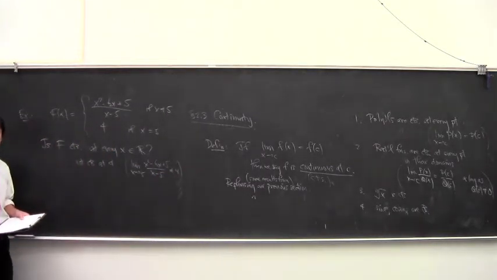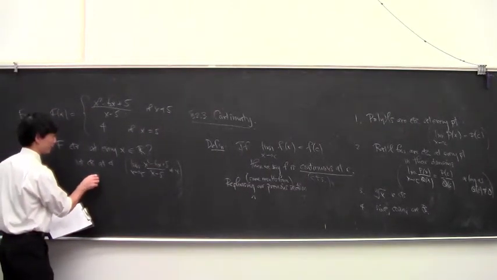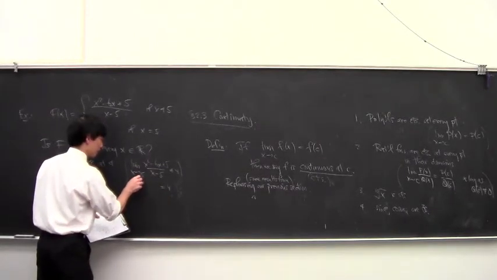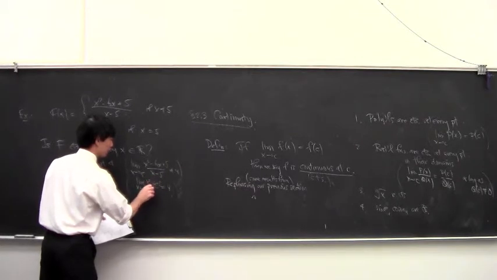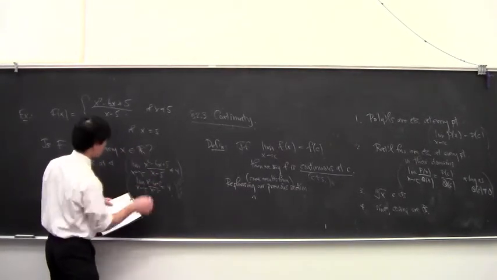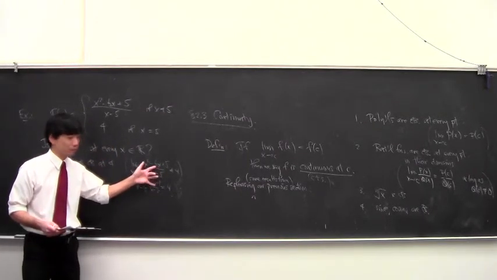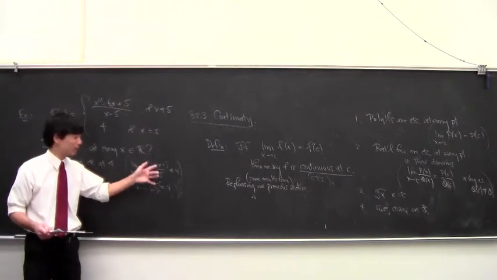Kelly? I'd say it is continuous because I think the limit is equal. You're saying you took the limit as x goes to 5 of this thing and you got 4. So one of you has made some calculation error, but we'll check it.